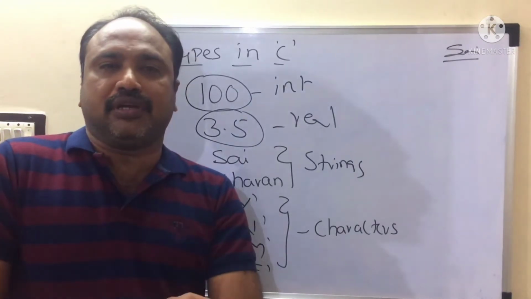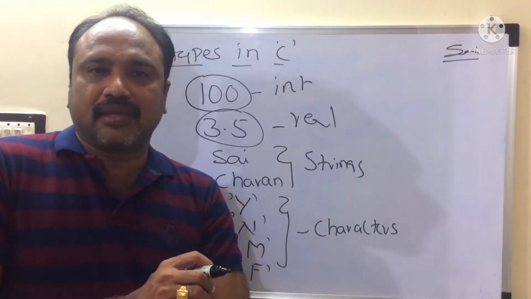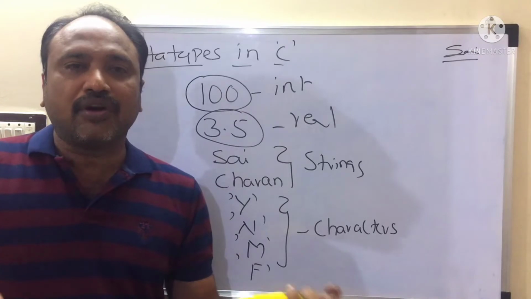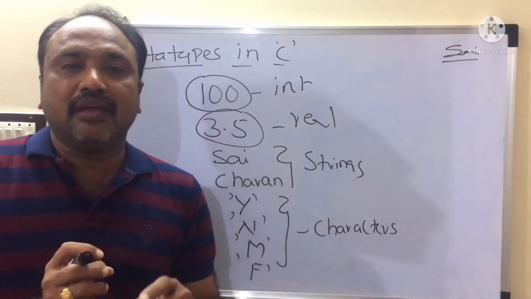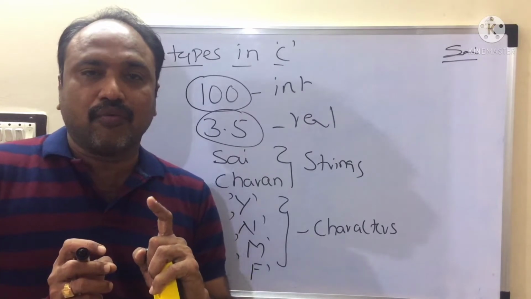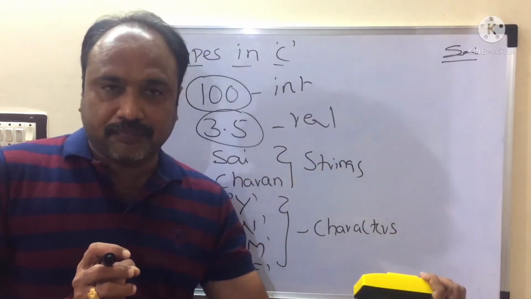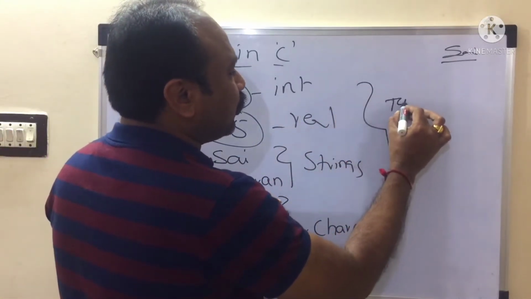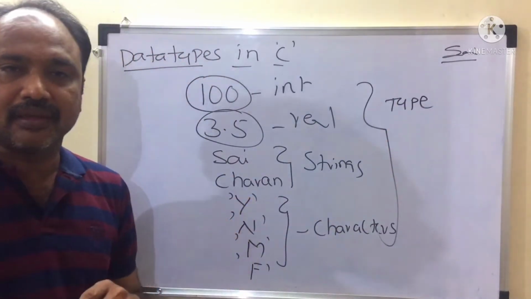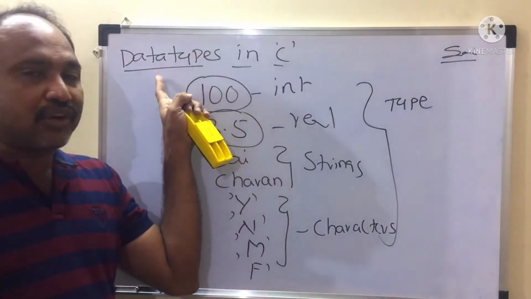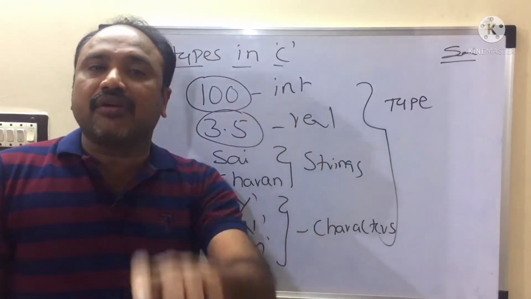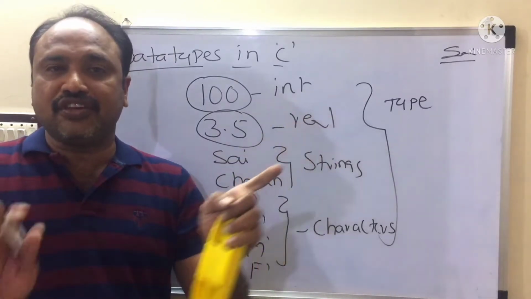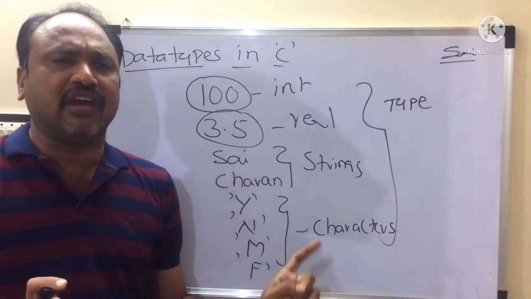But the computer, being a machine, doesn't know what type of data we are giving. That's why we have to specify what type of data we are giving to the computer. To specify the type of data in the program, we use data types. Human beings, by seeing data itself, can tell this is an integer value, this is a real value, this is a string value, this is an alphabet.